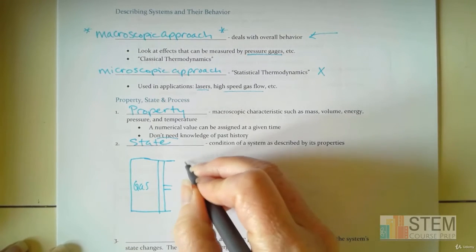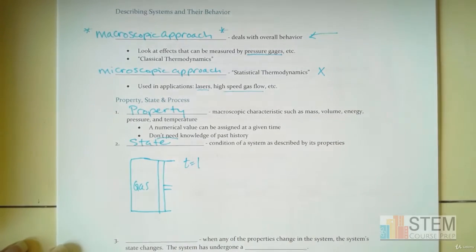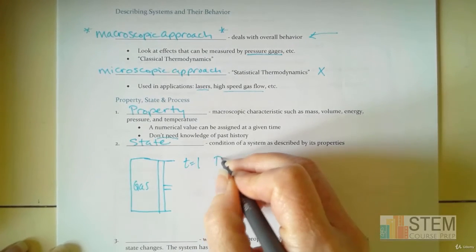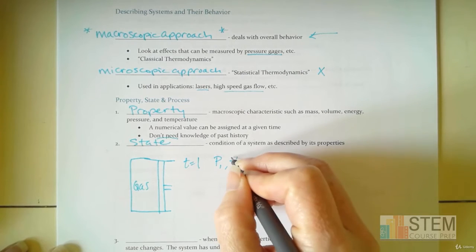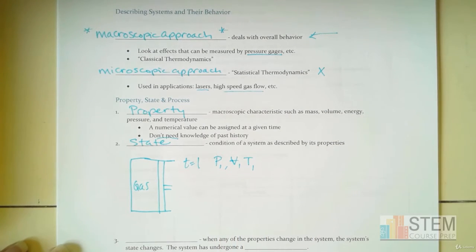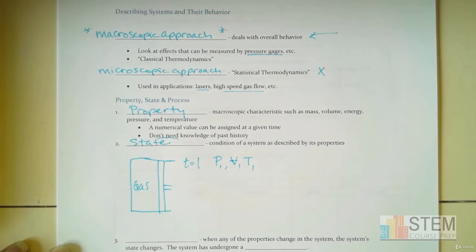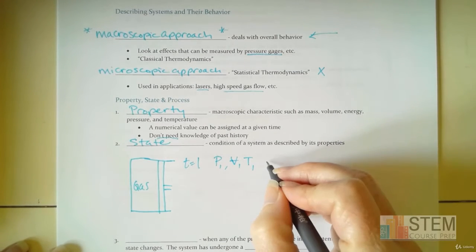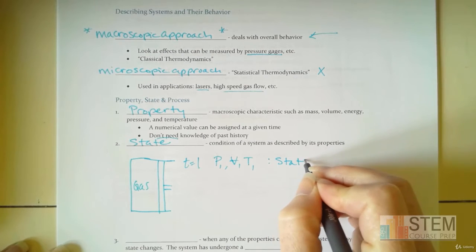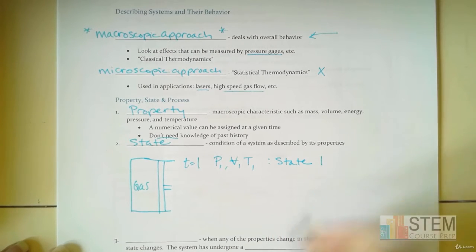Now at the initial time, let's just say t equals 1, I can find the pressure, the volume, and the temperature in this area right here. Now this would be a state. Normally we would say this is state 1, because this is our initial state.